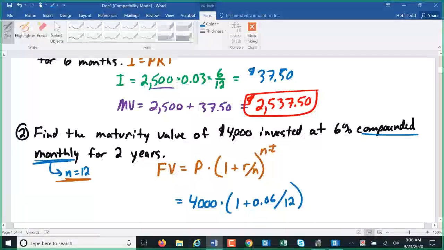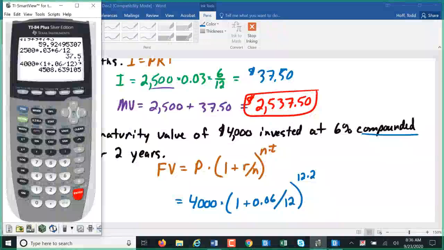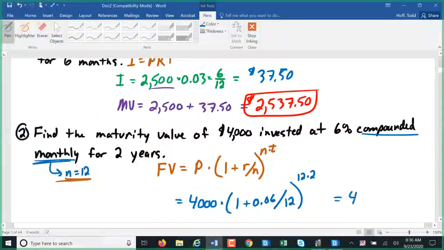Close our parentheses to the power of 12 times 2 years. 4,000 times, open parentheses, 1 plus 0.06 divided by 12, close parentheses to the power of 12 times 2. $4,508.64. So that is the ending balance, not just the interest. That's what you would have at the end of those 2 years. Any questions on those?